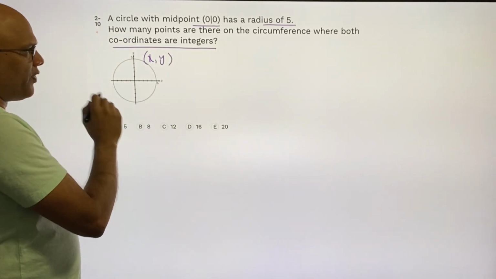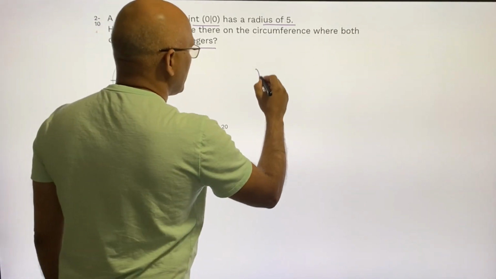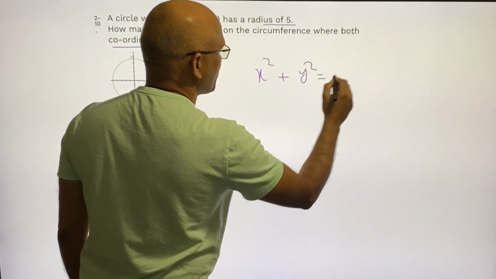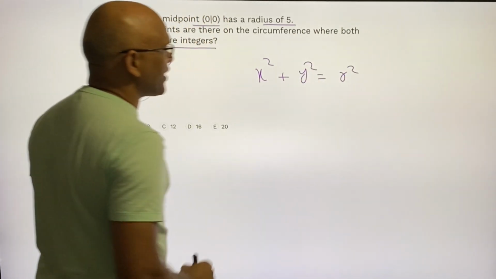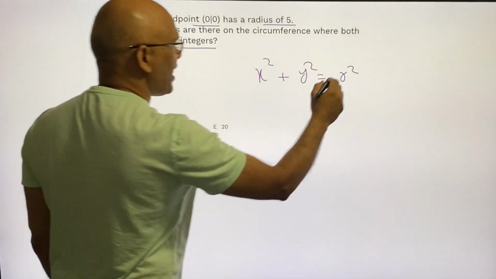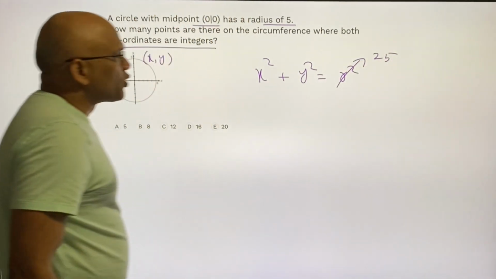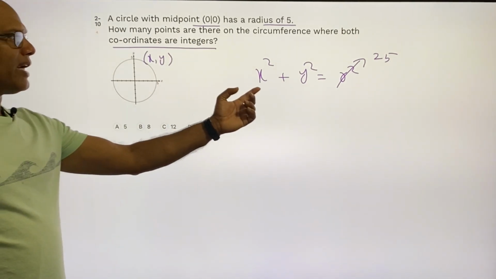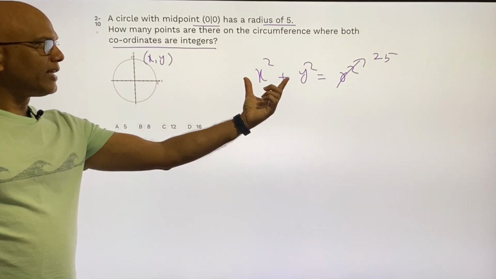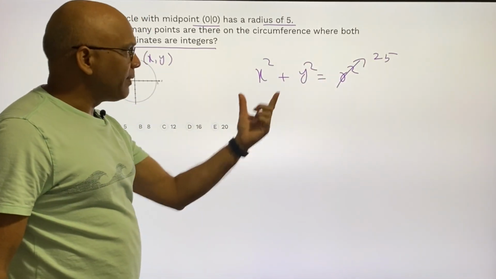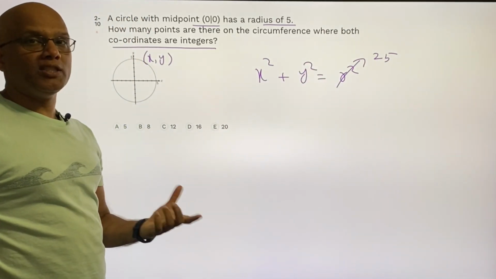So for a circle, x square plus y square is going to be r square, where r is the radius, and in this case radius is 5, so 5 square is 25. So essentially I have to find pairs of x and y such that when I square them up and add them, it is going to be 25, and x and y both have to be integers, right?